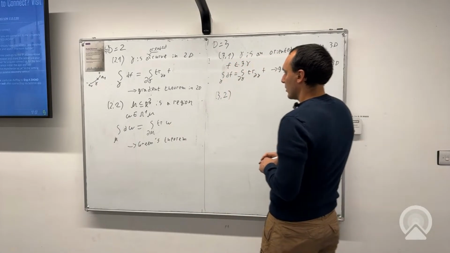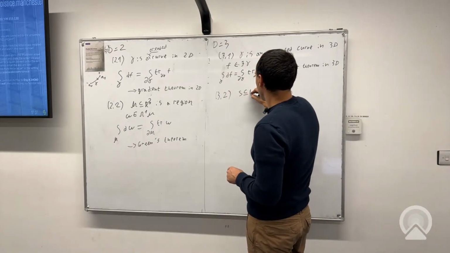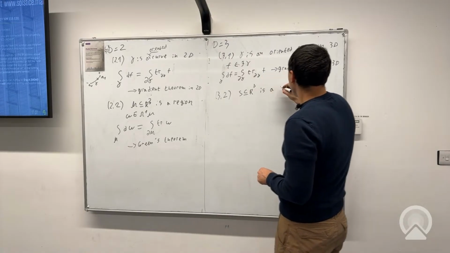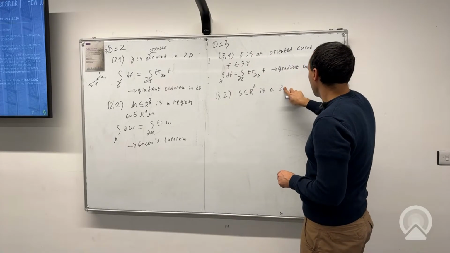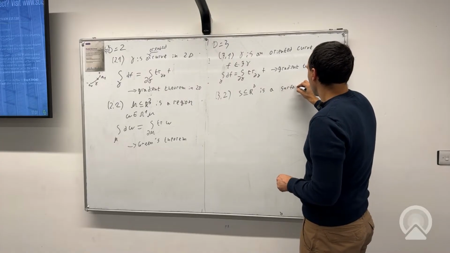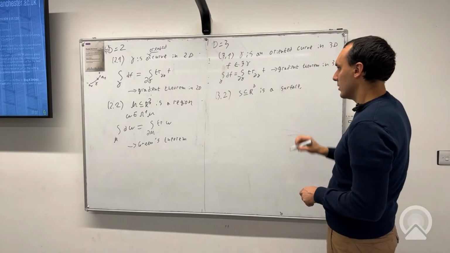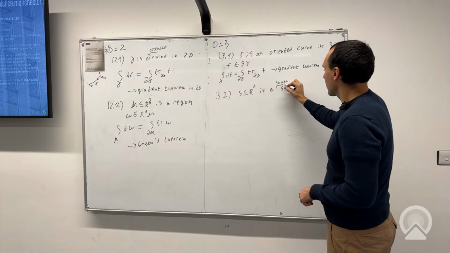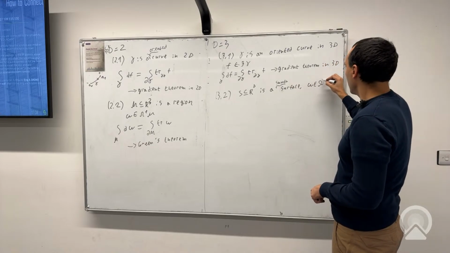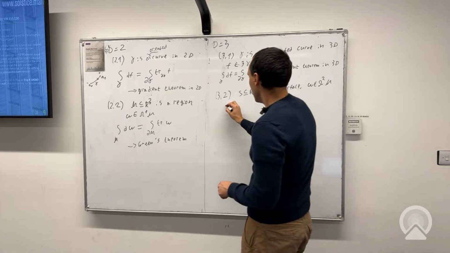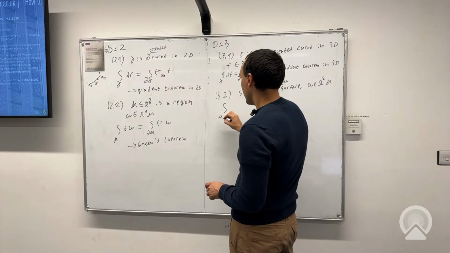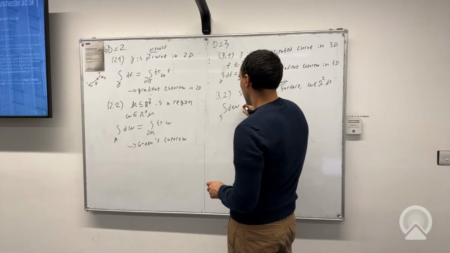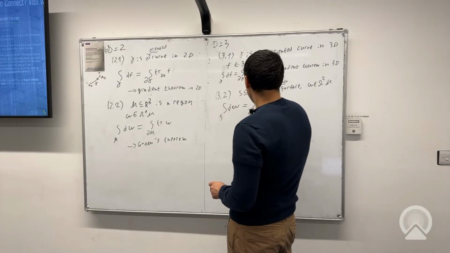3.2. S is a smooth 2D surface, and omega is a one-form. Then the integral over S of d omega is the same as the integral over the boundary of S of the trace of omega.